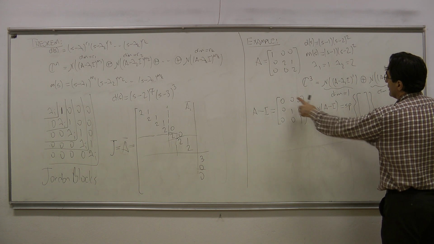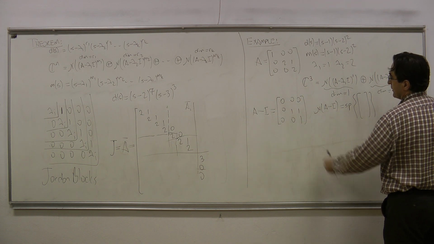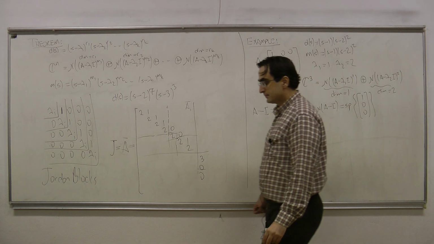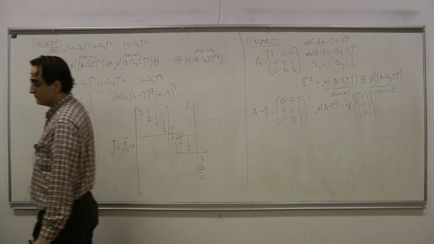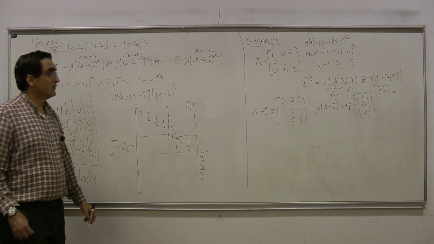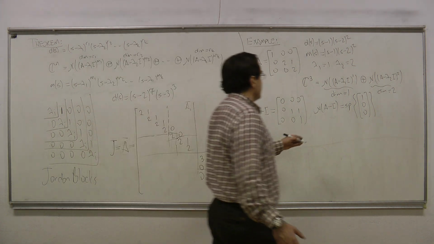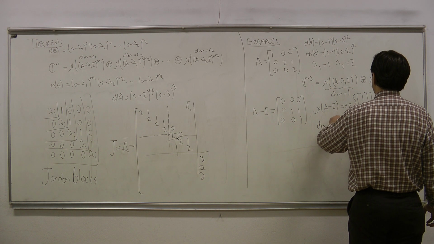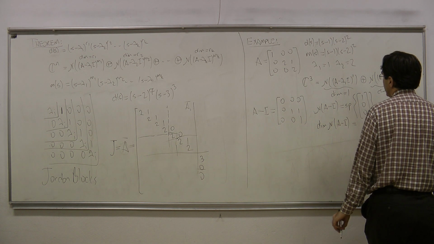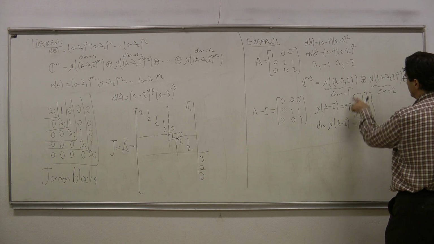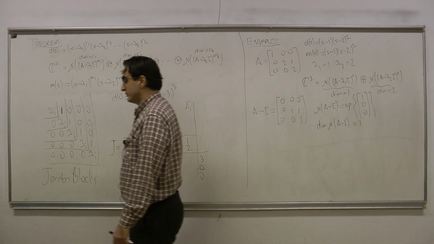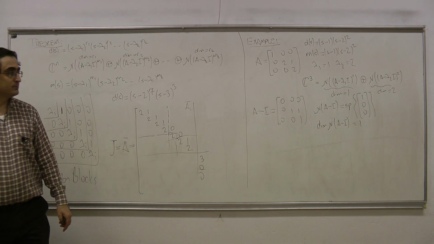One non-zero vector in the null space of this matrix would be (1, 0, 0), for example. So the dimension of the null space of A - I is just 1 here, because it has only one non-zero vector inside the basis set.